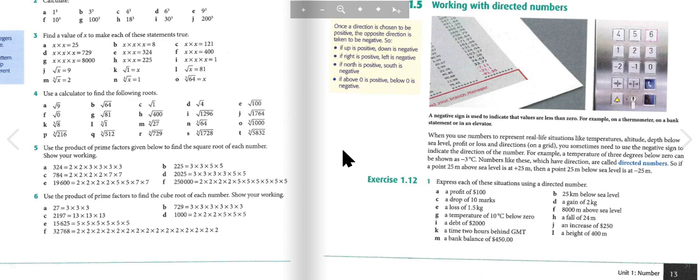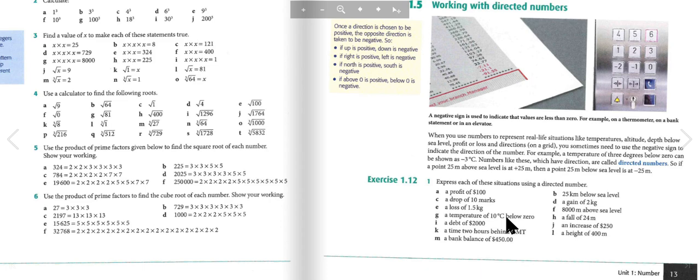Express each of these situations using a directed number. A profit of $100, 25 kilometers below sea level. A drop of 10 marks, a gain of 2 kilograms, a loss of 1.5 kilograms, 8,000 meters above sea level.